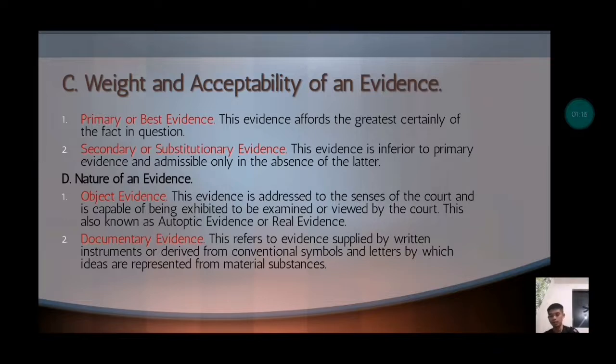Number 1 is primary or best evidence. This evidence affords the greatest certainty of the fact in question. Number 2, secondary or substitutionary evidence. This evidence is inferior to primary evidence and admissible only in the absence of the latter.